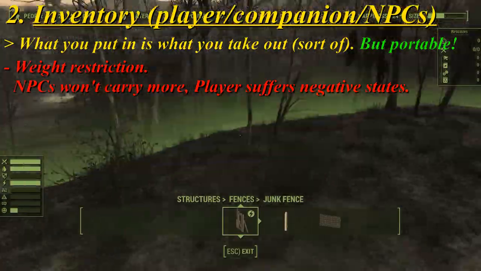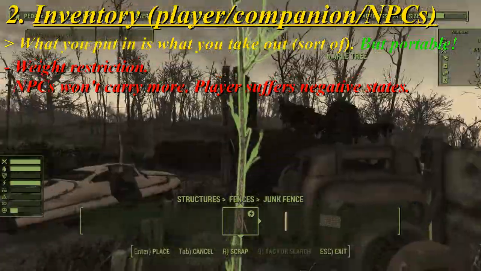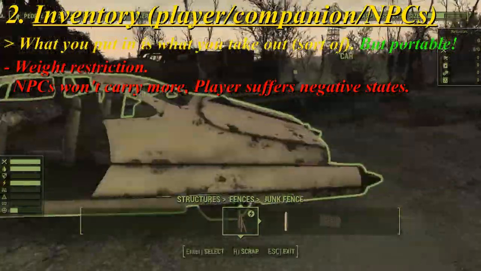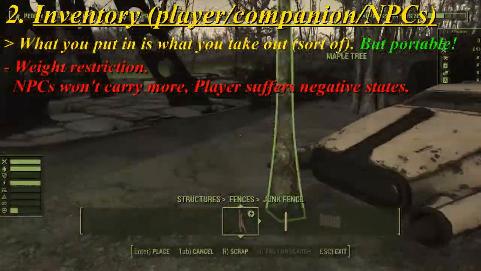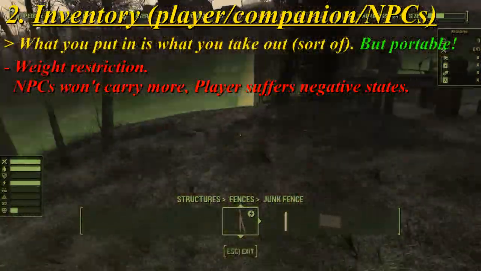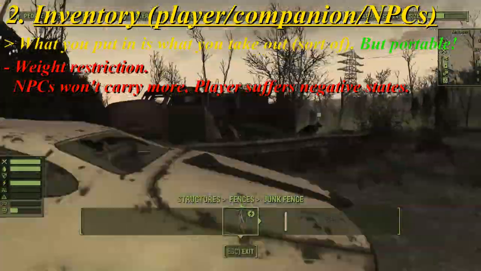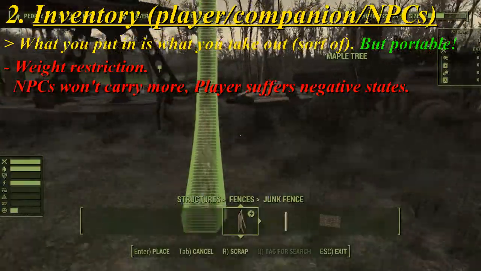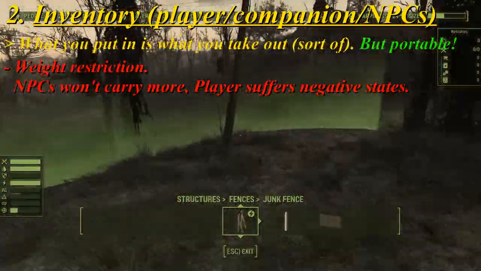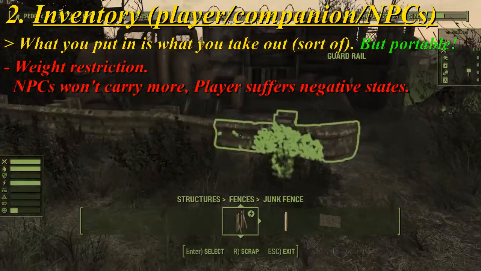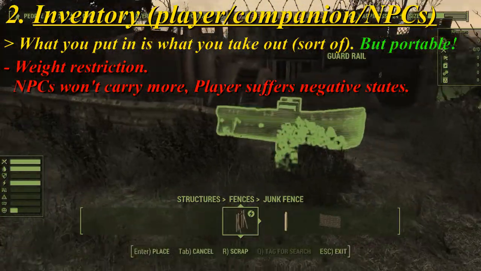NPCs will only carry so much as they can carry concerning their weight restriction. This can be expanded upon, depending on what kind of armor they wear, if it's your companion, or NPCs for that matter. Any NPC carrying deep-pocketed armor, for instance, can carry a lot more. The backpack can expand it, but they will not go beyond their rather limited weight restriction.